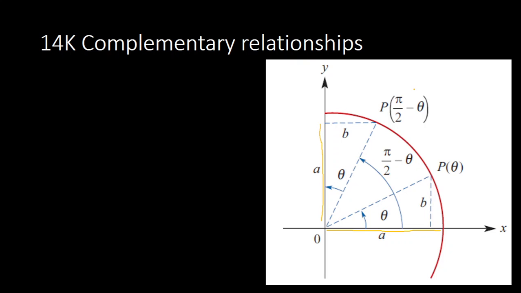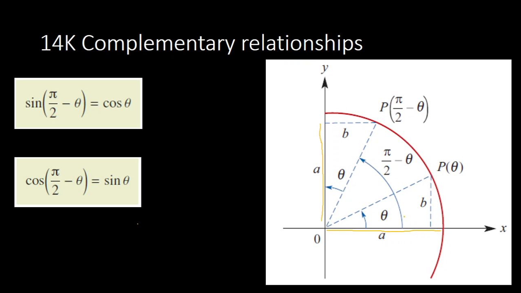But that side, in terms of that angle, is sine of pi on 2 minus theta. And we end up with this relationship: cos theta is equal to sine of pi on 2 minus theta.